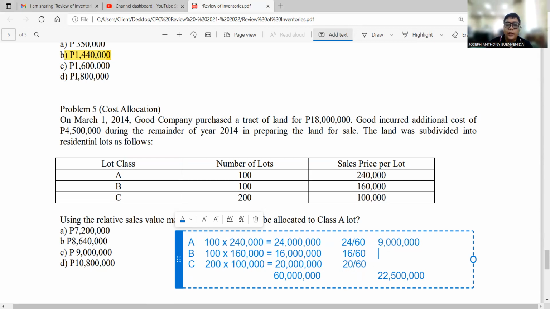Si lot B, compute na lang. 16 divided by 60 times 22,500,000. It's 6 million.